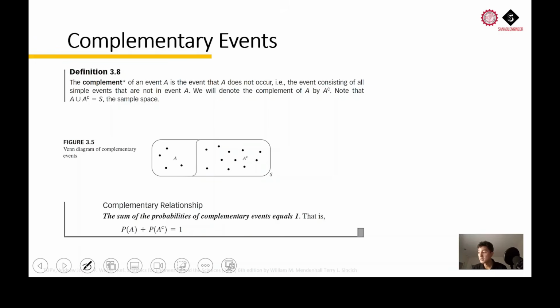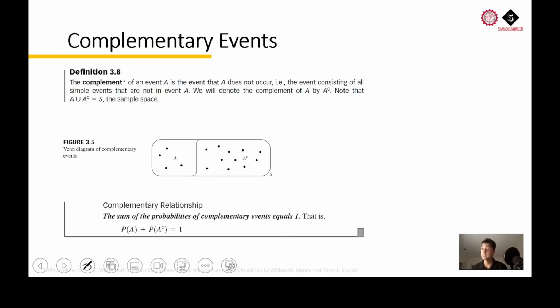That is, the event consisting of all the simple events that are not in the event A. As we can see in figure 3.5, the event A has four sample points or four simple events. And when we say the complement of event A, we mean all that is not in A, or all simple events that don't belong in A.